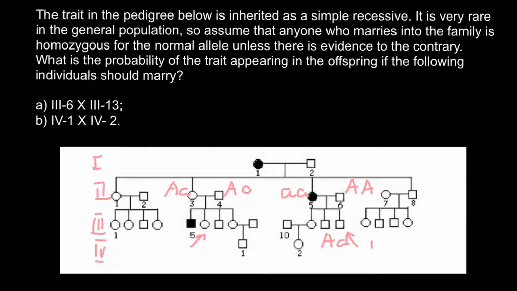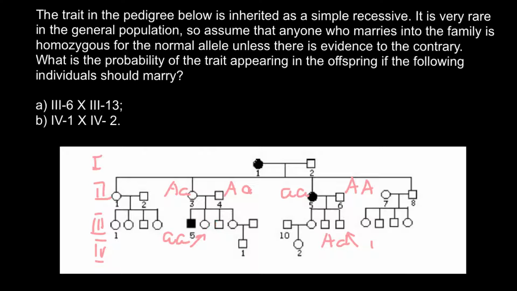In the problem, we are told to assume that all outcrosses are homozygous normal unless there is evidence to the contrary, and we see that this family has an affected child, so each parent gave a recessive allele to this child. Though the phenotype is normal, each parent has to be a carrier.